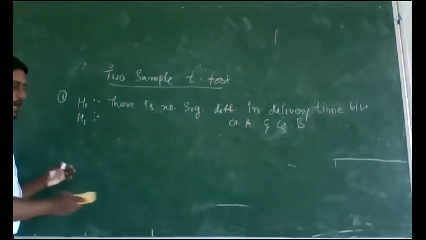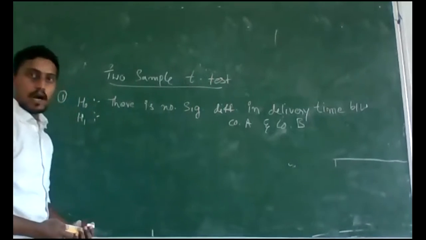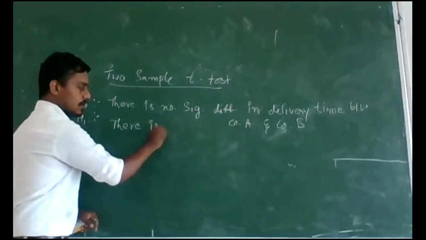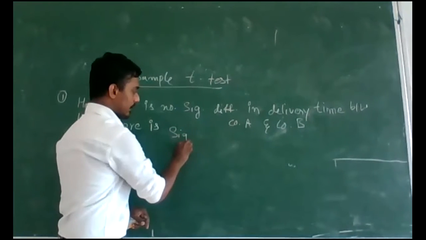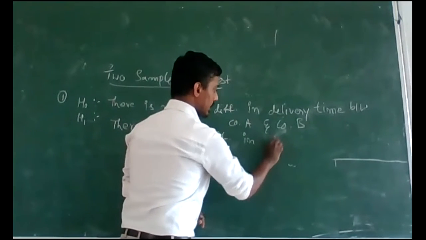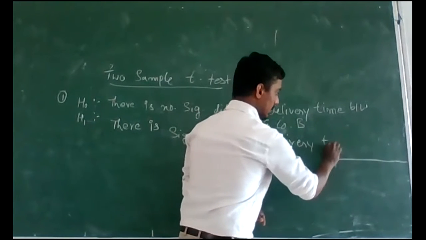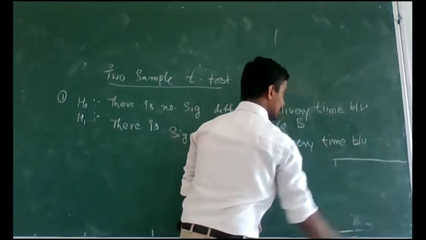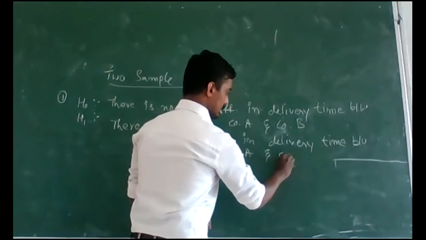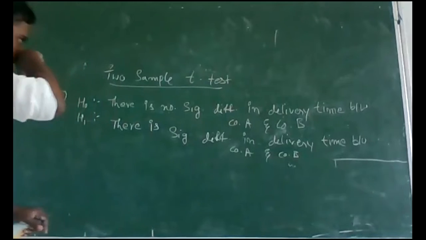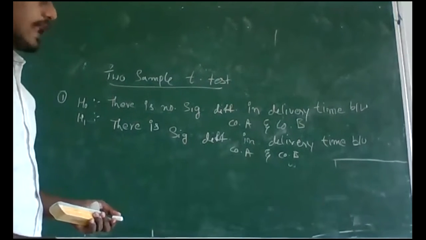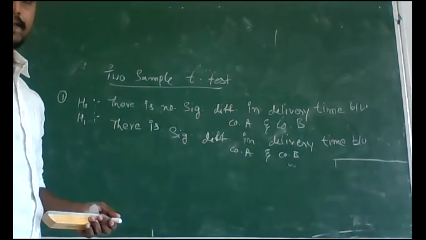And what is the alternative hypothesis? The alternative hypothesis for this one: there is a significant difference in delivery time between company A and company B. So the null hypothesis is that there is no significant difference in delivery time between company A and company B, and the alternative is that there is a significant difference.